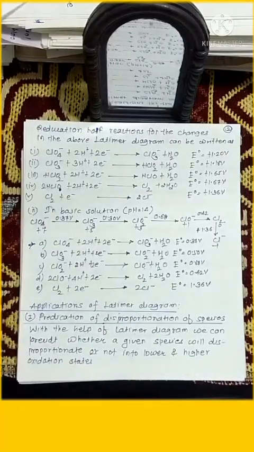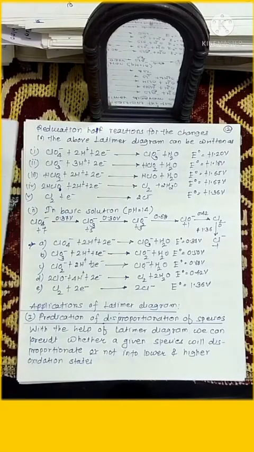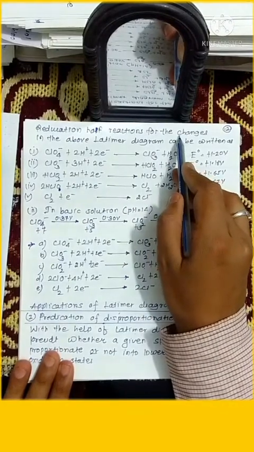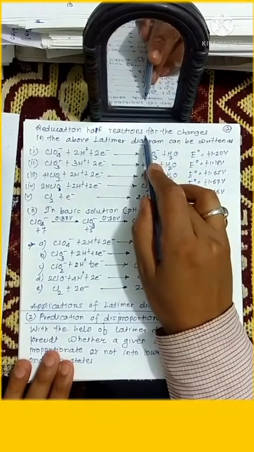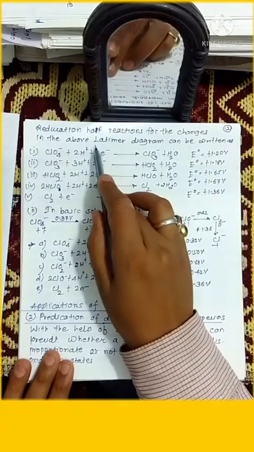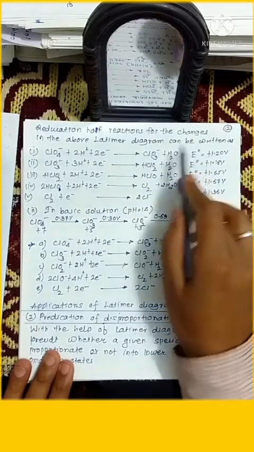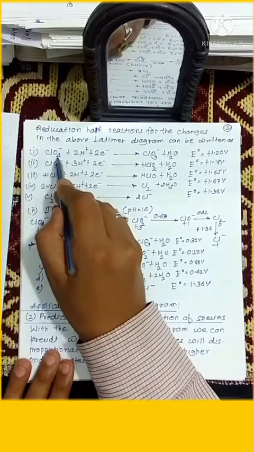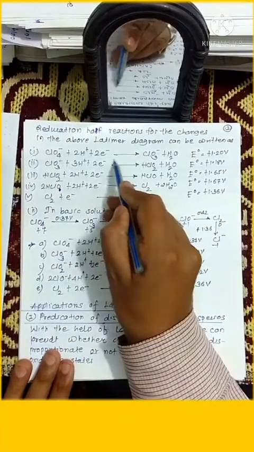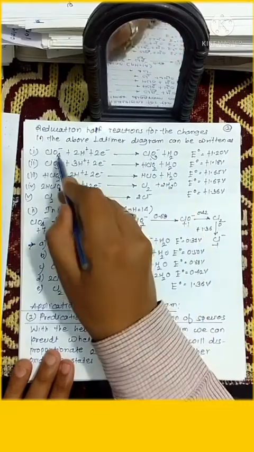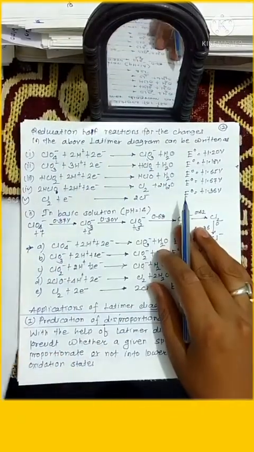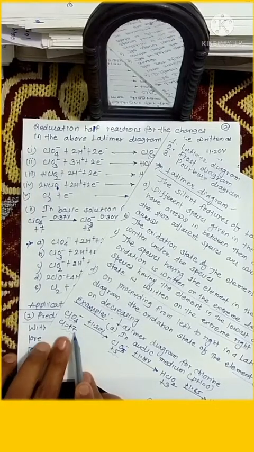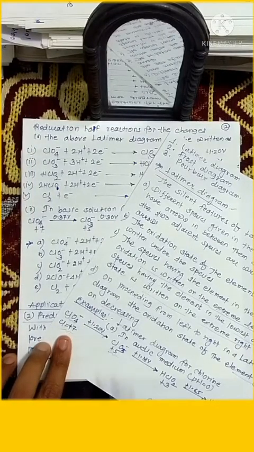Now from this data we can write the reduction half reactions for the changes in the above Latimer diagram as follows. So from ClO4 minus to ClO3 minus, the oxidation number changes from +7 to +5.